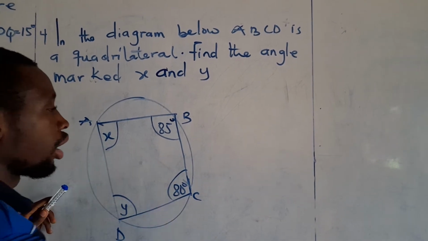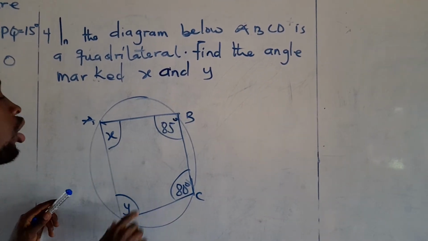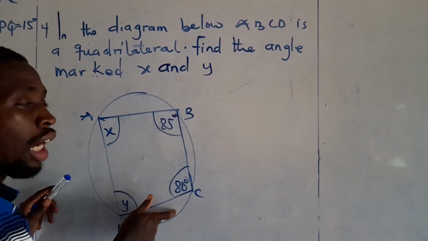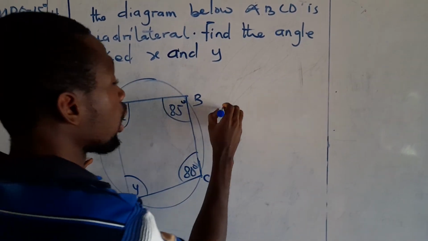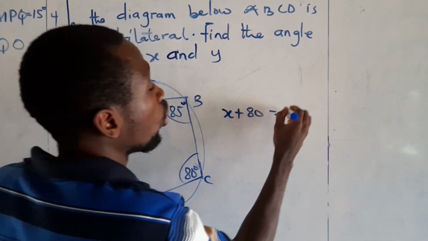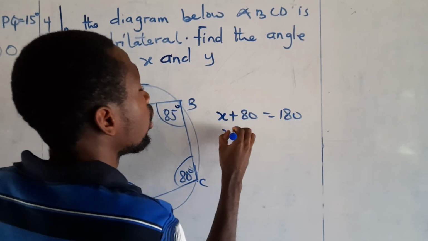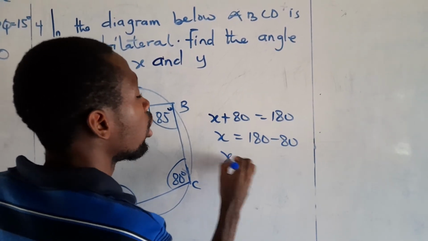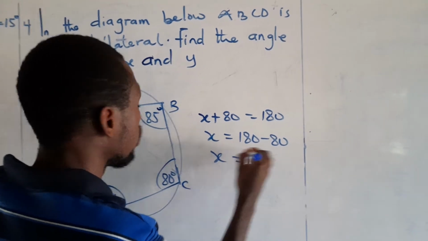So it's cyclic, all four vertices on the circumference. So we said that in a cyclic quadrilateral, the sum of the opposite angles is 180 degrees. So we say x plus 80, this angle, will equal 180 degrees. So x will equal 180 degrees minus 80, which is 100 degrees.